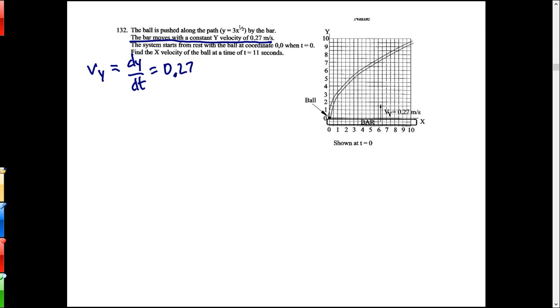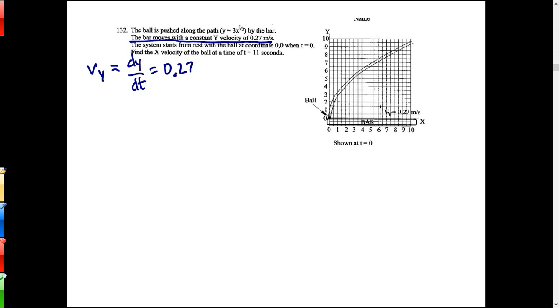What's going on there is you've got this parabolic path that the ball is being pushed along, but it's pushed at a constant y velocity. Because of the shape of that path, it will not have a constant x velocity. The x velocity will vary.